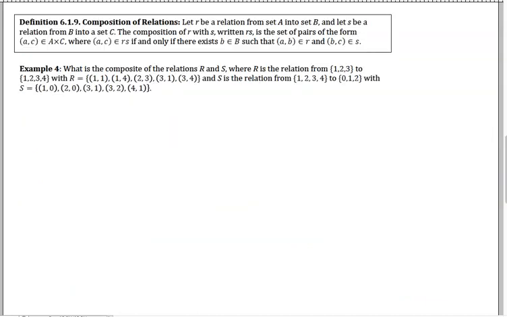All right, here's another definition. This definition defines the composition of relations. So we're going to look at a composition of two relations, although this can be extended to many more.